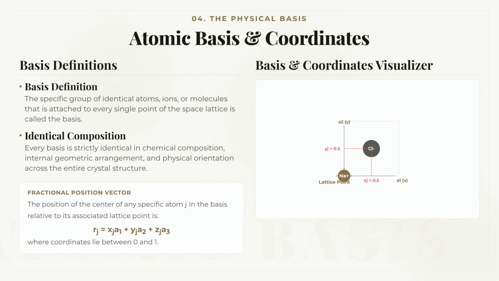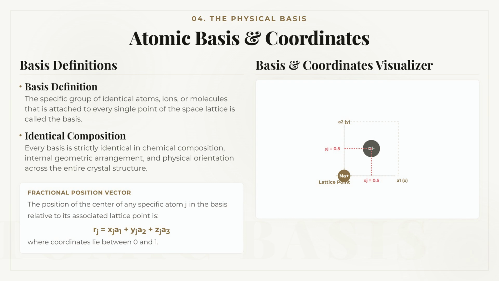The position of an atom in the basis can be expressed relative to its lattice point using fractional coordinates along the lattice vectors. These coordinates are usually written as xj, yj, and zj, and they lie between 0 and 1.